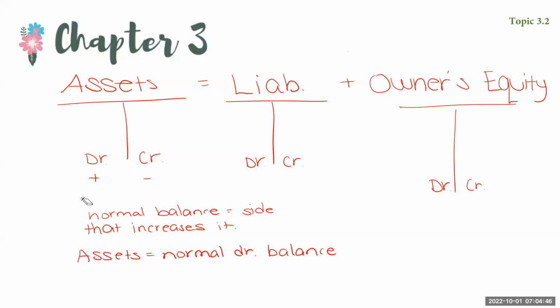All assets, if you want to increase it, you'll put the positive number on the left or debit side. Once that's set, because again we have to have our little scale balance, once we decide all assets increase on the left side, then the opposite will be to keep all of your liabilities, everything on the right side of the equation, increasing on the right-hand side or the credit side.